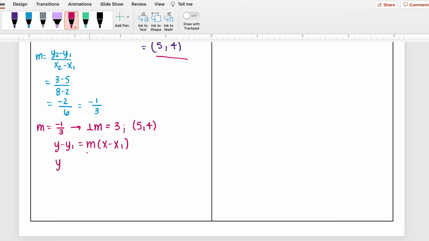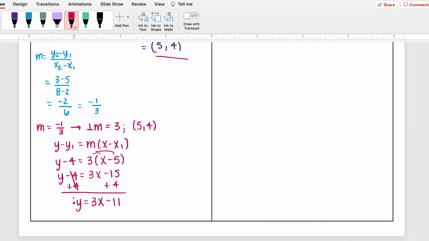And so my y1 is 4, so I have y minus 4 is equal to 3 times x minus 5. Distribute my 3 and I get 3x minus 15. Then I'm going to add 4 to both sides. And so my answer becomes y is equal to 3x minus 11.